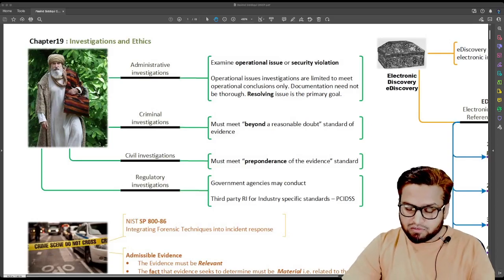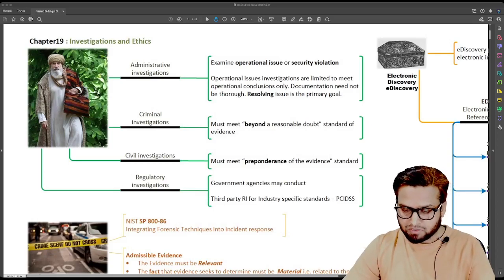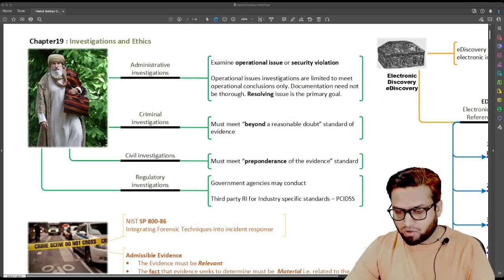When it comes to investigations, investigation is a process of fact finding. What we do in investigation is try to find out the root cause at some point of time, or we try to find out the liability someone bears as part of some happening.